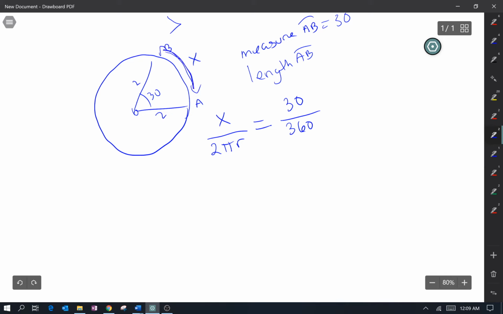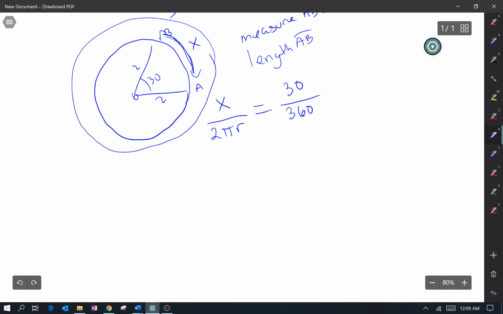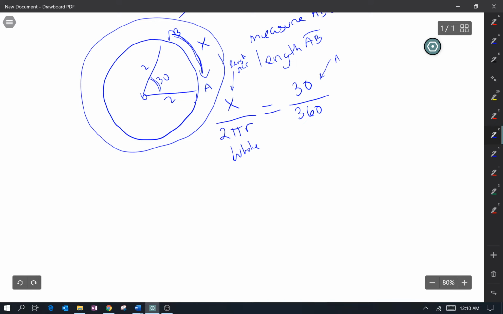That distance in relation to the circumference is going to be proportional to the angle to the whole thing. So this is the length of the arc to the whole arc, because the whole arc would be 2 pi r, and this is the arc's degree to the total degrees.